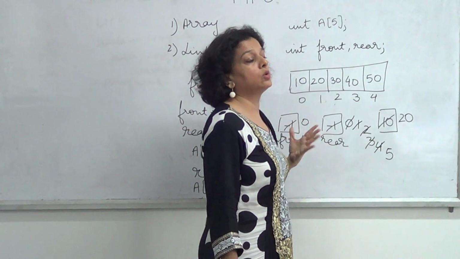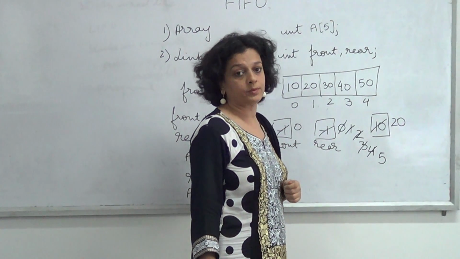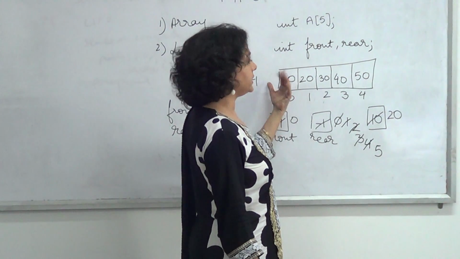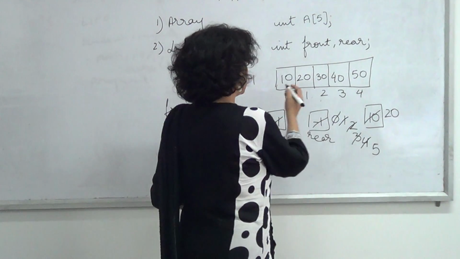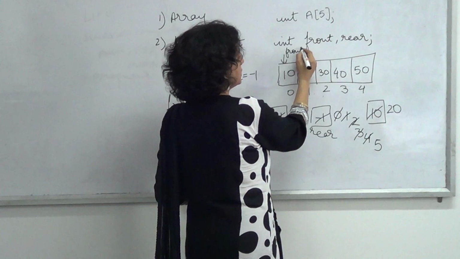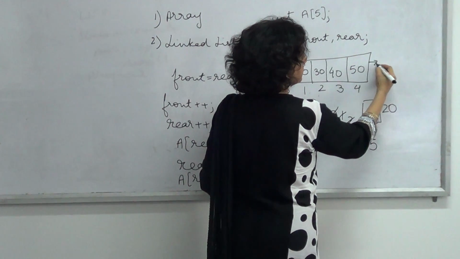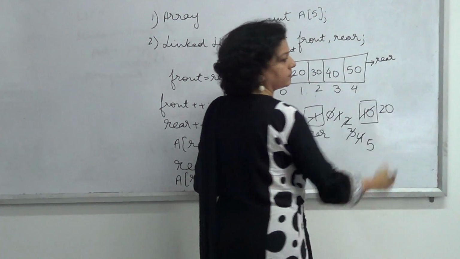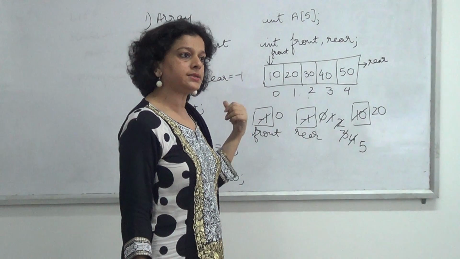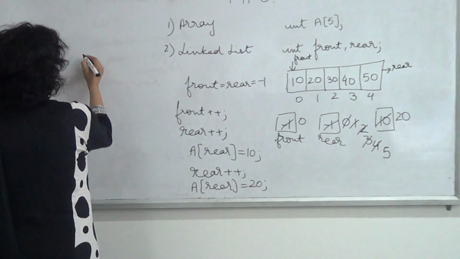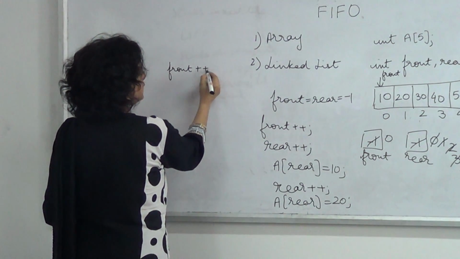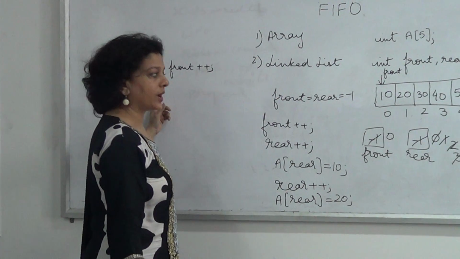Now let us talk about how we can delete an element from the queue. To delete an element from the queue, I will delete from the front end. In this position of the queue, this is my front and this is my rear. I can delete only from the front, so to delete an element, I will increment front by 1, front plus plus.